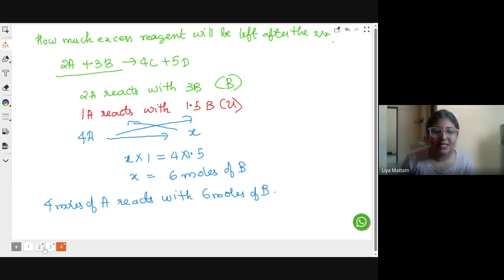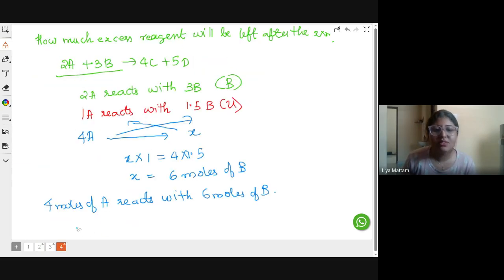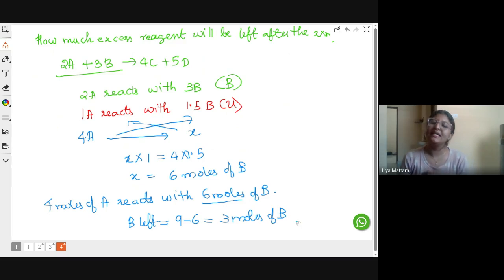So, in the question, how much B was given? See, 9 moles of B are given. Out of 9 moles, how much is used? Only 6 moles are used. So, B left will be 9 minus 6, that is equal to 3. So, 3 moles of B will be left even after the reaction completes. That is why B is called the excess reagent and A is the limiting reagent.